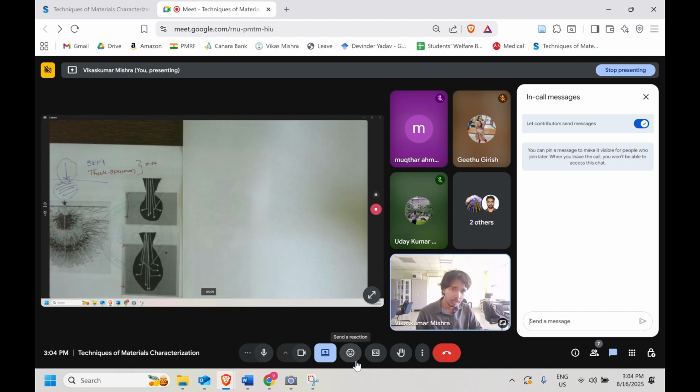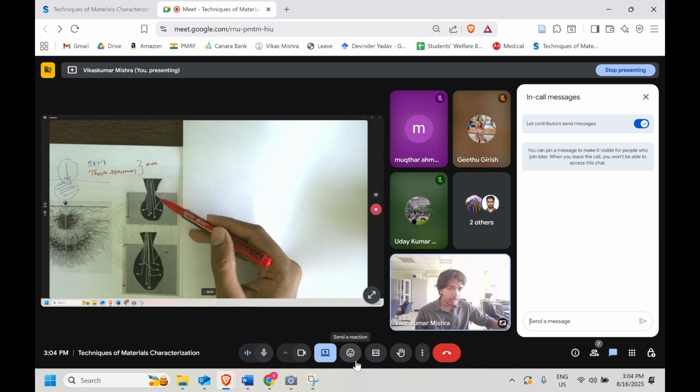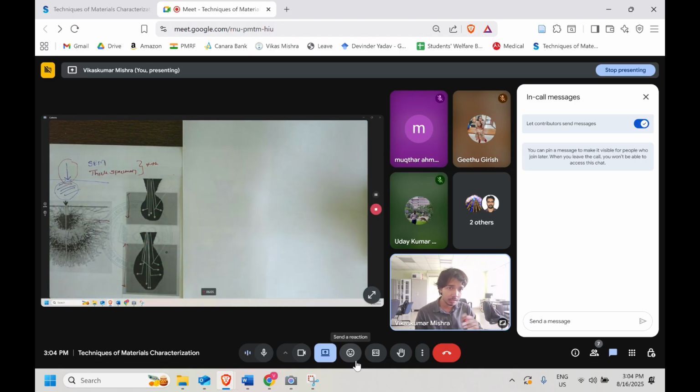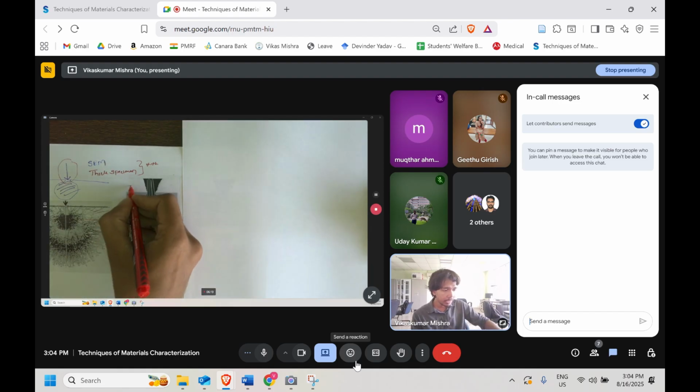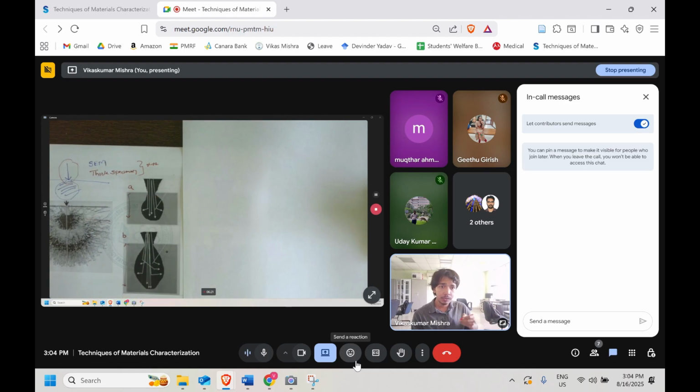So what do you think? When the energy is more, will the interaction be larger, or when the energy is less? Considering we are talking about a thick specimen, where we allow the entire interaction to happen, among cases A and B, which one corresponds to the high energy?